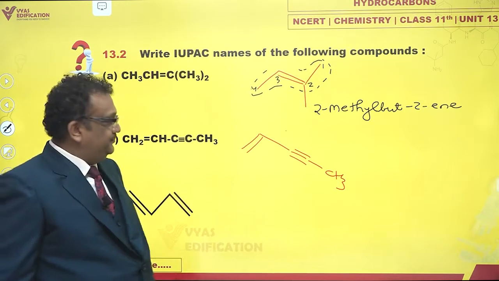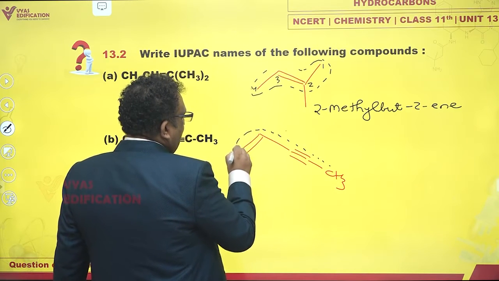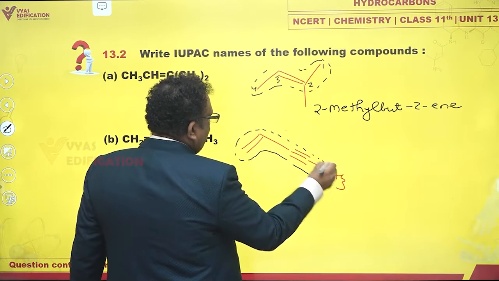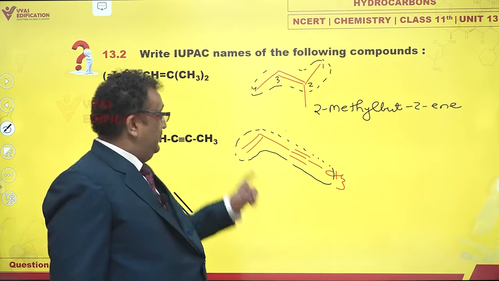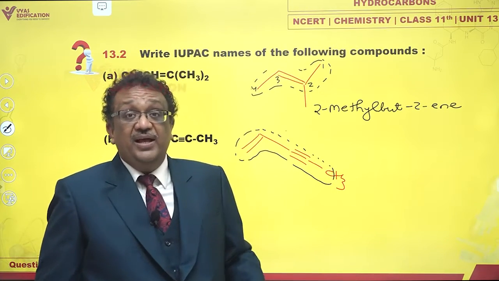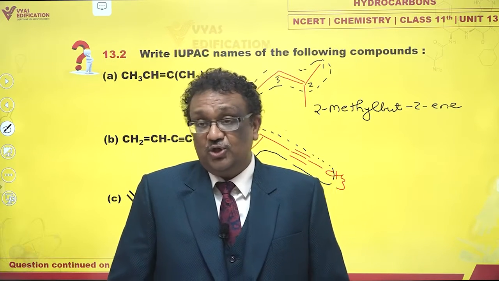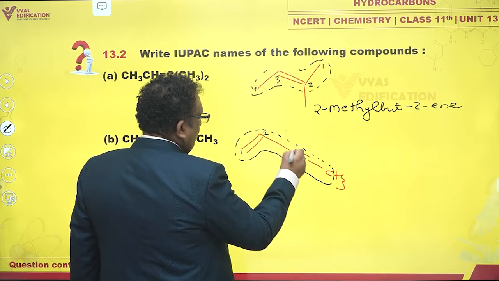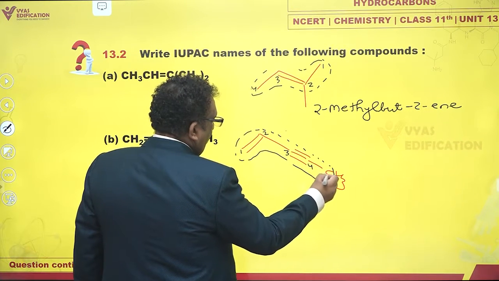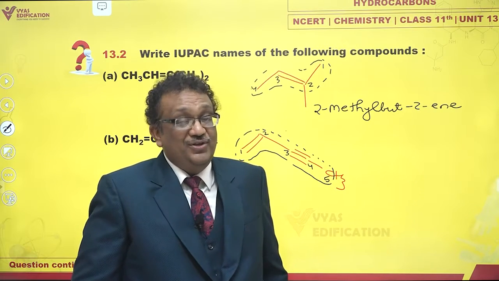What about this one? Actually, there is only one chain, so there is no confusion when it comes to selecting the chain. From which side should I number? From this side or that side? Whichever has the earliest appearance of multiple bonds, that side should be chosen. So 1, 2, 3, 4 and 5. This is, my dears, the way we choose it.